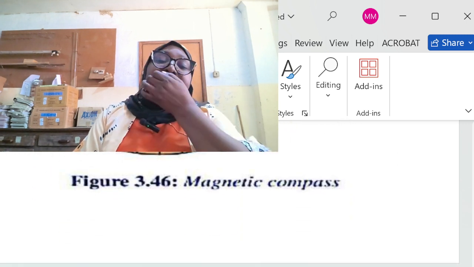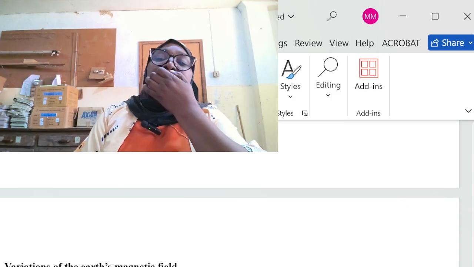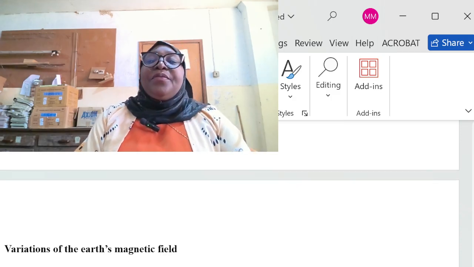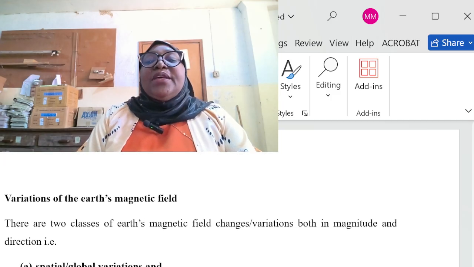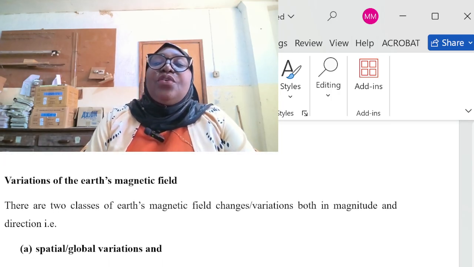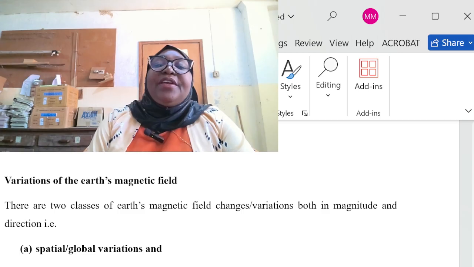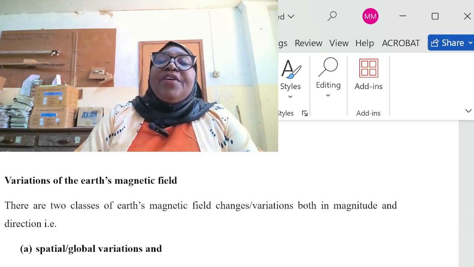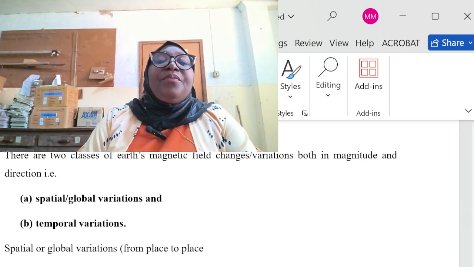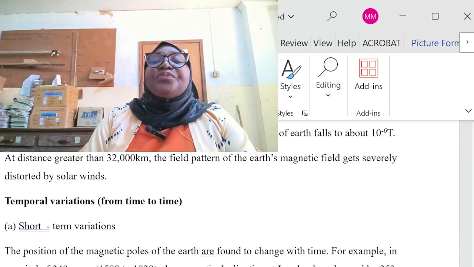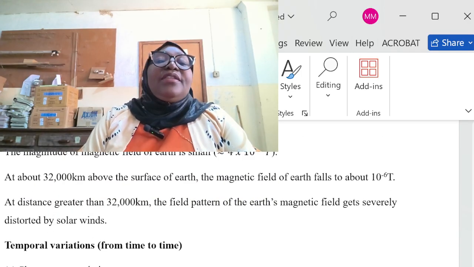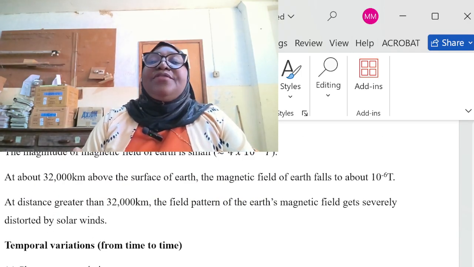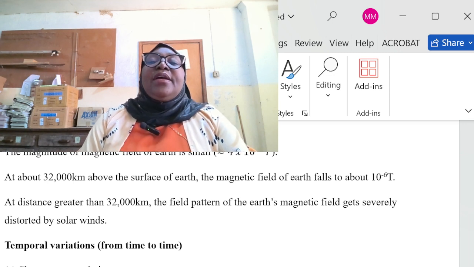Variation of the Earth's magnetic field. There are two types of variation of the magnetic field: the spatial or global variation and the temporal variation. Spatial or global variation is the variation from place to place. Generally, the magnetic field of the Earth is about 4 times 10 power negative 5 Tesla.